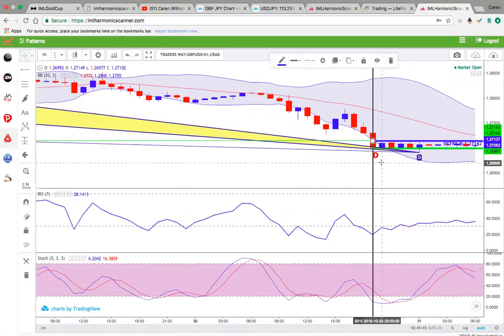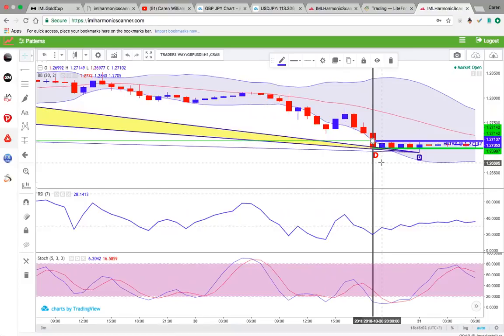Guys, again, make sure that you take your notes based on what I put on the whiteboard. I've given you the examples, the confirmations, and the take profit, which is 10 pips.